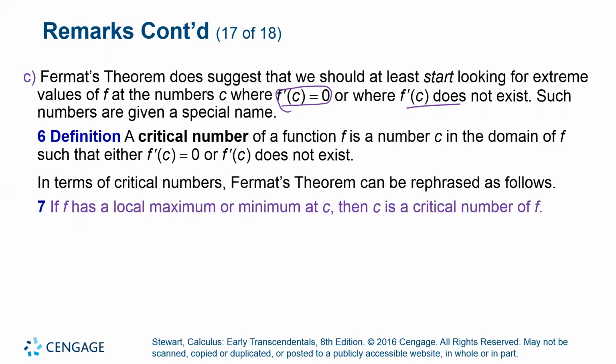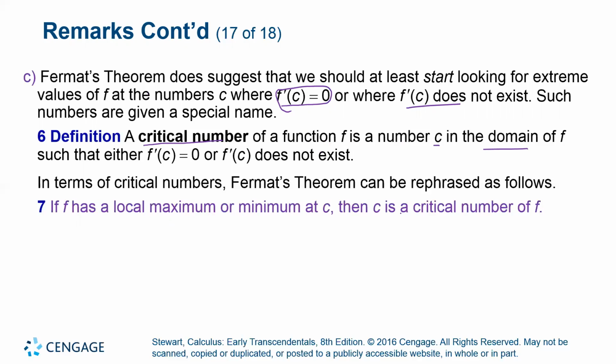So this number c, we are giving a special name, and that's what we have for this definition. It is called the critical number. A critical number of a function f is a number c in the domain of f such that f prime at c equals 0 or f prime at c does not exist.